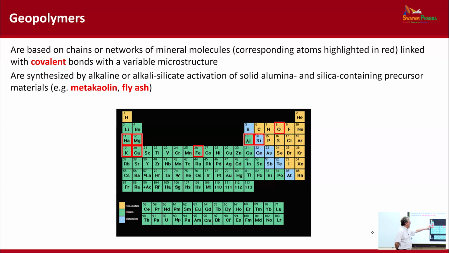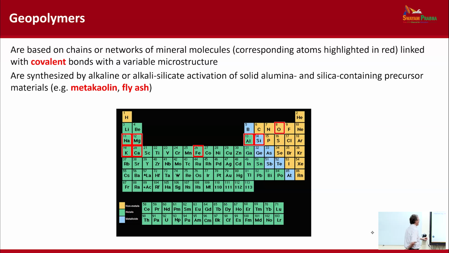And then you have some balancing cations such as sodium, potassium, in some cases magnesium and calcium. So these materials are based on a continuous, three-dimensional network with covalent bonds within a variable microstructure.